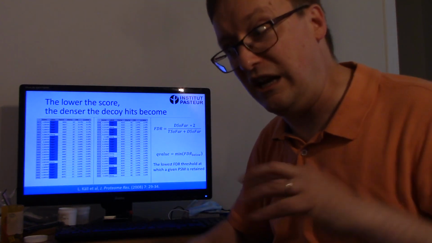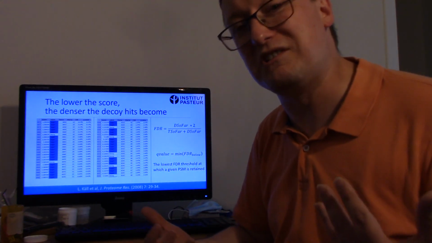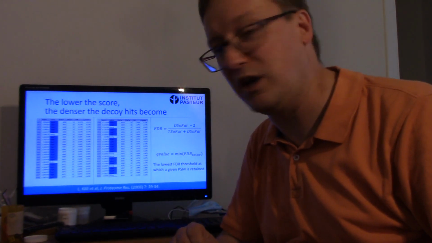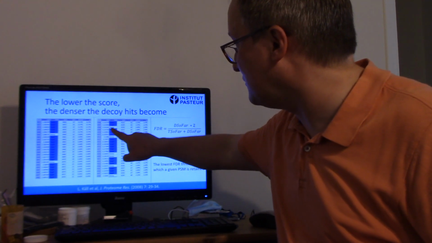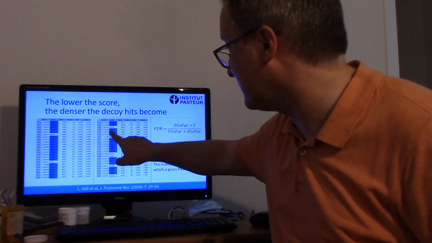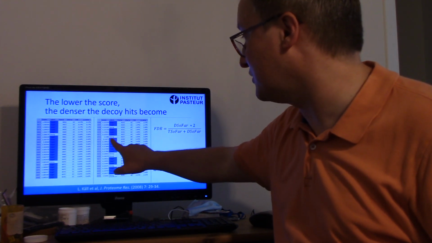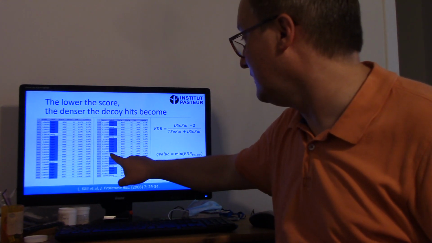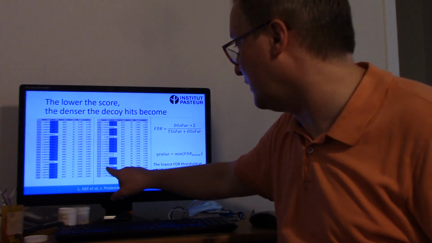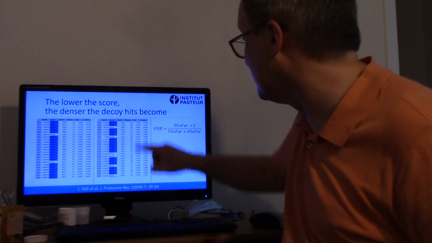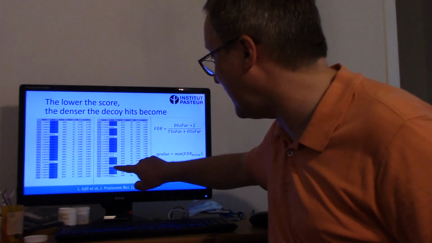But the enrichment in decoy sequences is going to get worse and worse the lower down our list of PSMs that we go. So by the time we get down to this block of PSMs, we see that 8308 is a decoy, 8312 is a decoy, 8319, 8320, 8324, and 8328 are all decoys. So we have 1, 2, 3, 4, 5, 6.